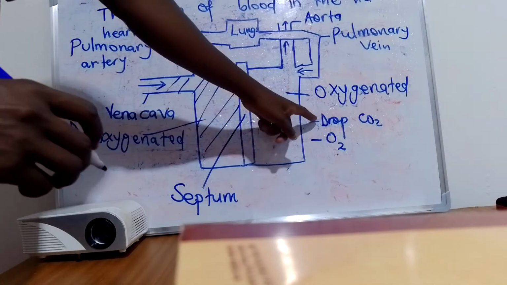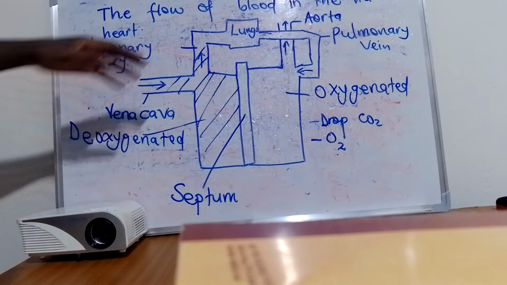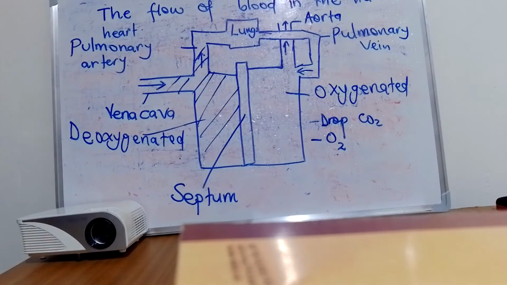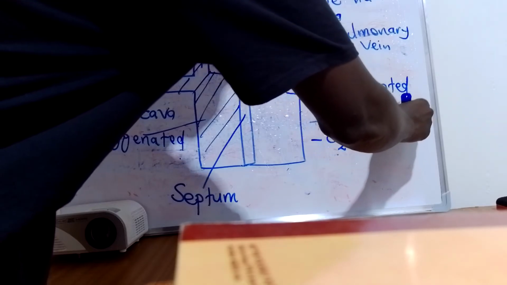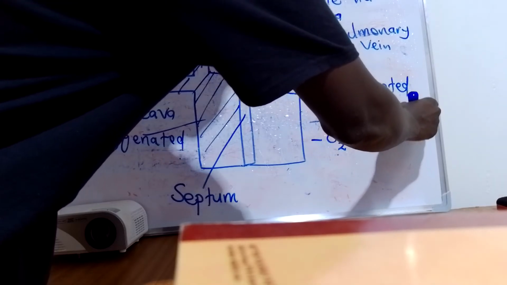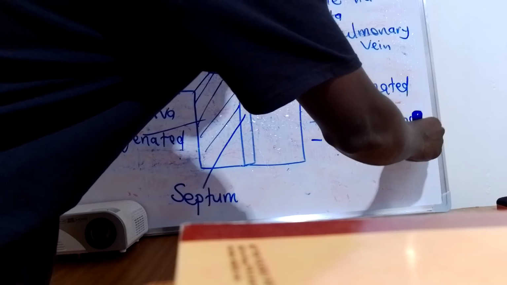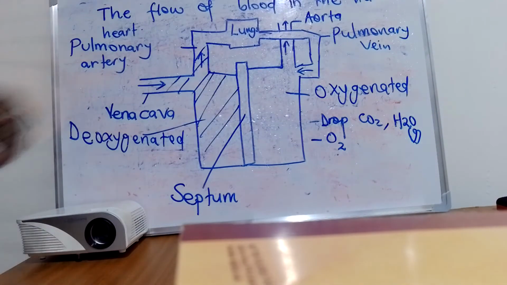It's not only carbon dioxide that is dropped in the lungs. We have carbon dioxide, we have water vapor. Blood goes to lungs to drop water vapor, water in a gaseous state. Simple explanation of the human heart.